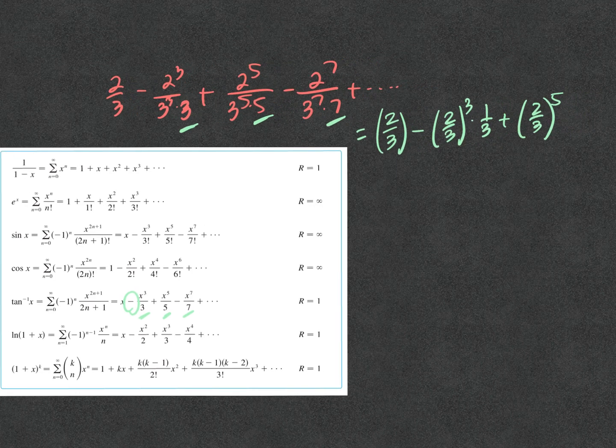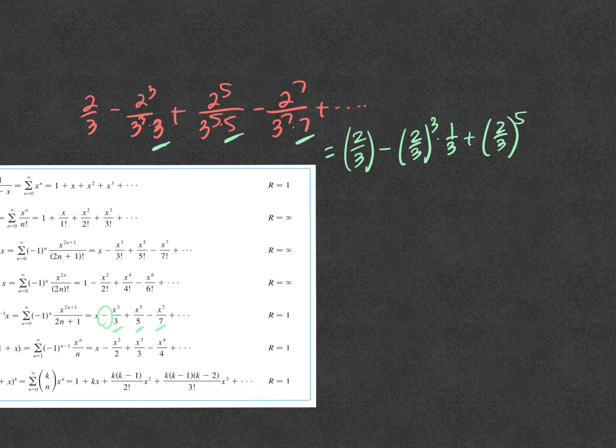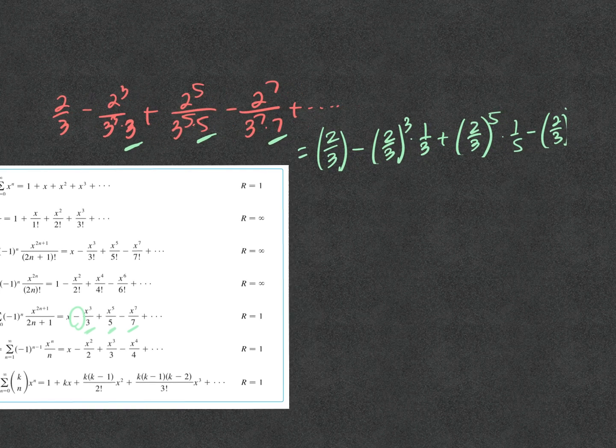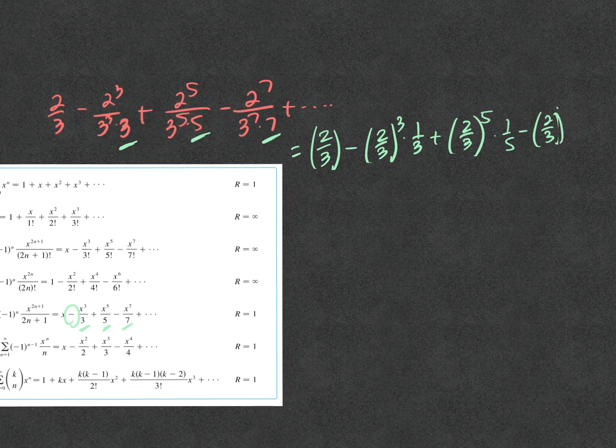I'm going to move the table over a little bit. (2/3) to the fifth times 1 over 5 minus (2/3) to the seventh times 1 over 7 plus dot, dot, dot.